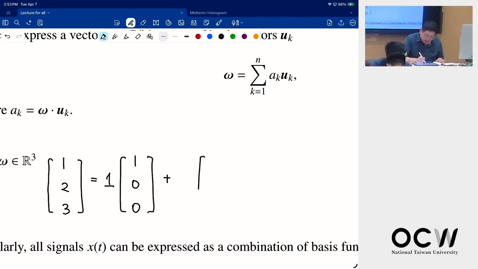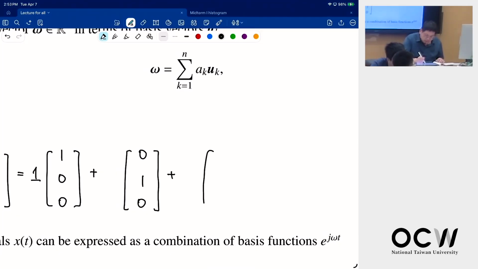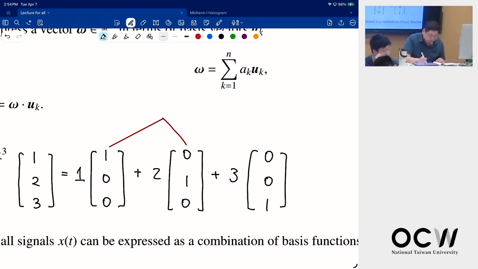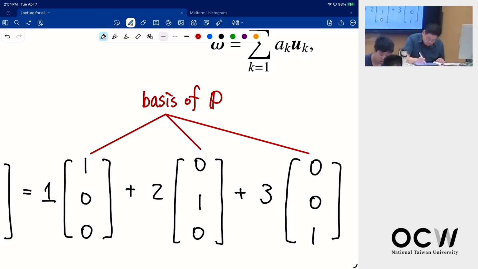And then 0, 1, 0. And then 0, 0, 1. So the coefficients here are 2 and 3, on the basis of R3.